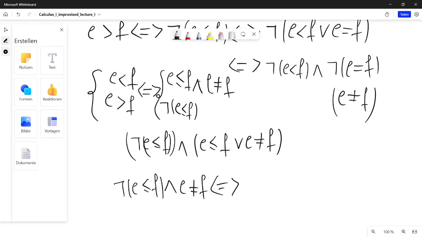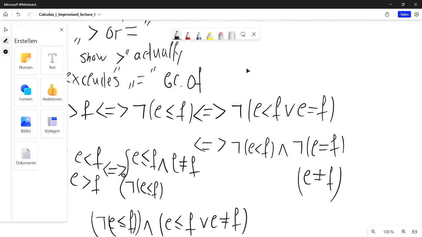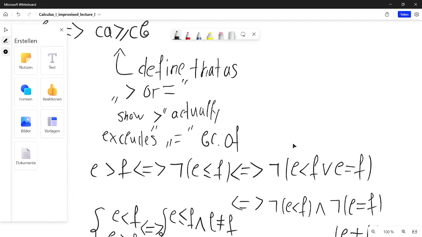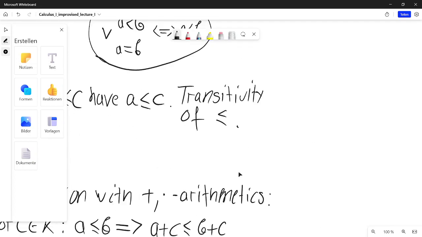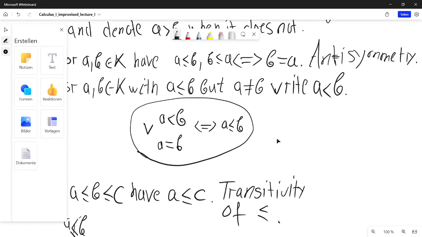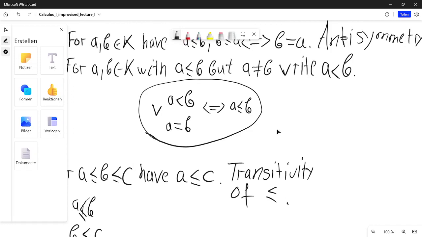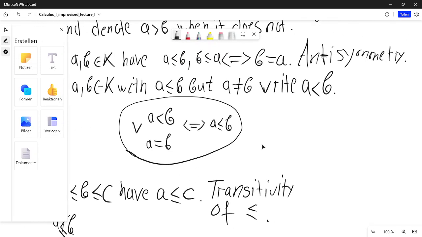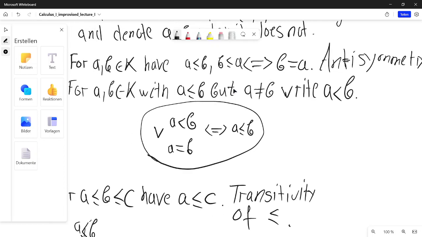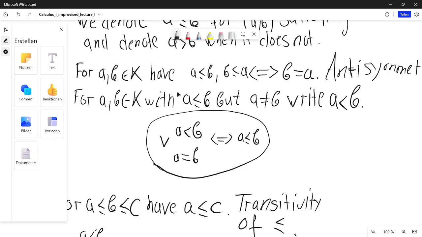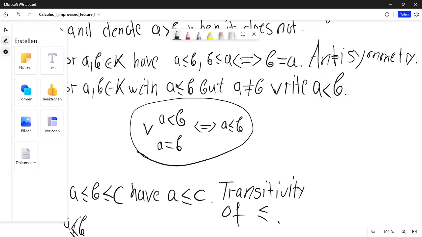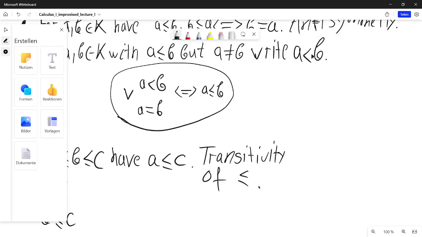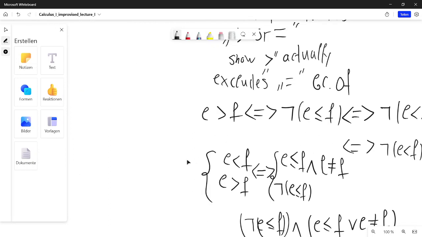I have that and that. Of course, it is clear from our intuition, but is it clear from our definitions? I claim this. Here's a "but", and "but" means, of course, simultaneity, right? So we have simultaneously that this is equivalent to this. Okay, that was my mistake.